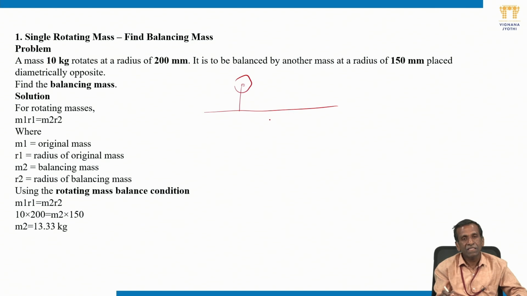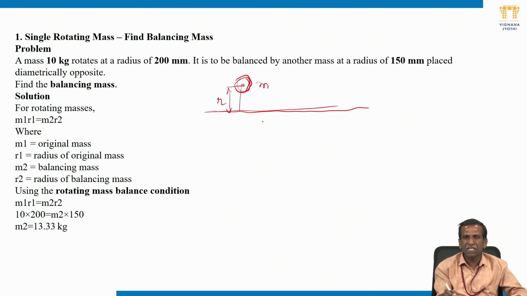When unbalance arises, the mass center of any mounting element on the shaft is not coinciding with the axis of rotation of the shaft, then there will be an unbalance somewhere. Here, given mass m is 10 kg, which is unbalanced, rotating at a radius r of 200 mm, and it is to be balanced by another mass of radius.